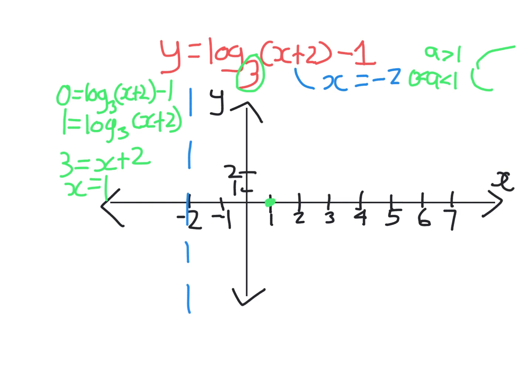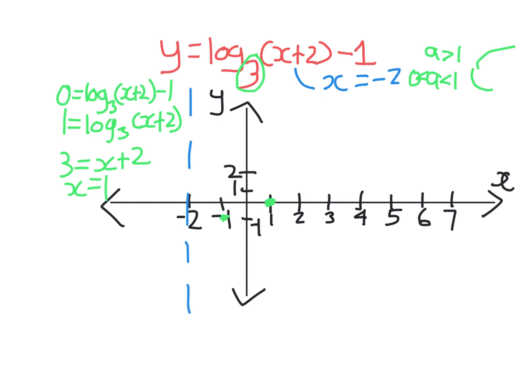Now let's just substitute some other values of x that will give me an idea of where this is. For example, I can substitute x equals -1 in here because -1 plus 2 is 1, which is okay. Log base 3 of 1 is 0, minus 1 is -1. So the graph will go through this point, (-1, -1). You're probably starting to see how it looks.